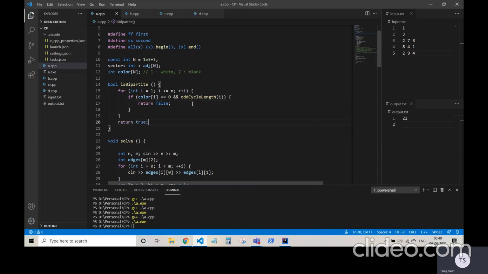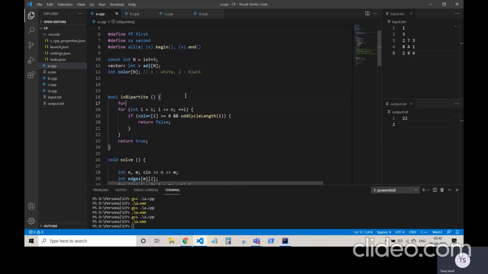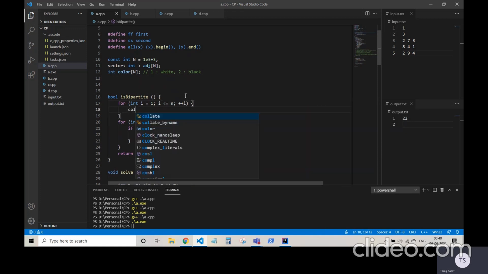Otherwise we would return true, right? And let's run this function. Okay, before doing this, since we have multiple test cases and multiple runs, we should ensure that we have set the initial color of each vertex as 0, right? Now we have to implement the function for the odd cycle length.